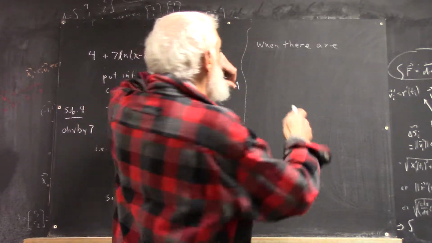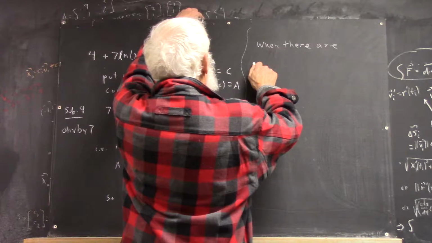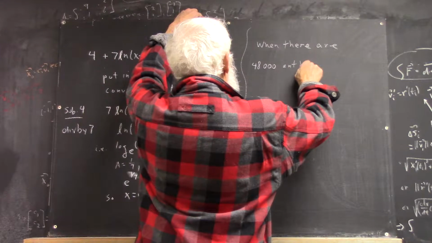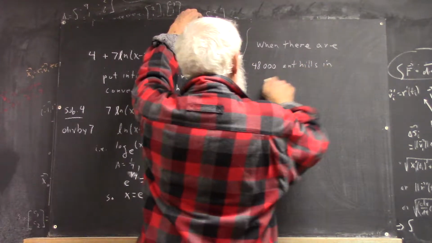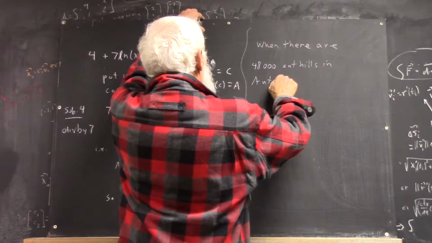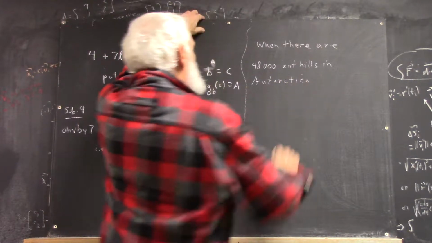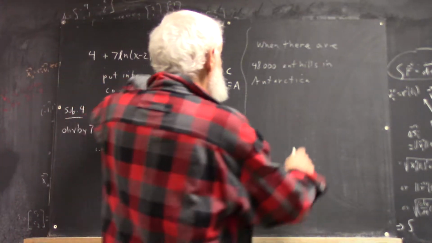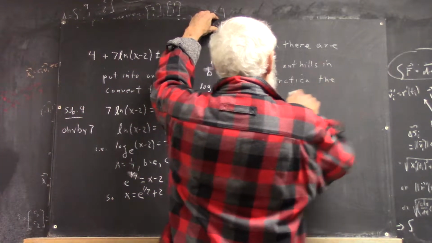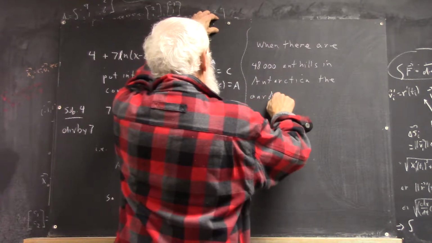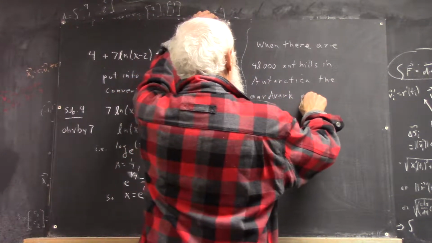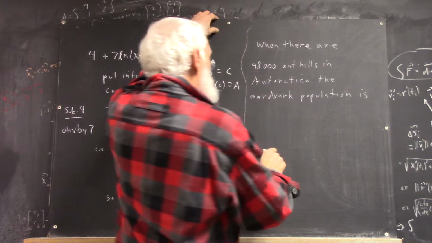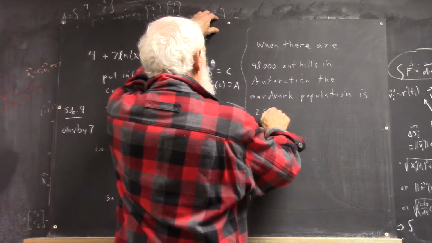Okay, when there are 48,000 anthills in Antarctica, the aardvark population is 2,800.